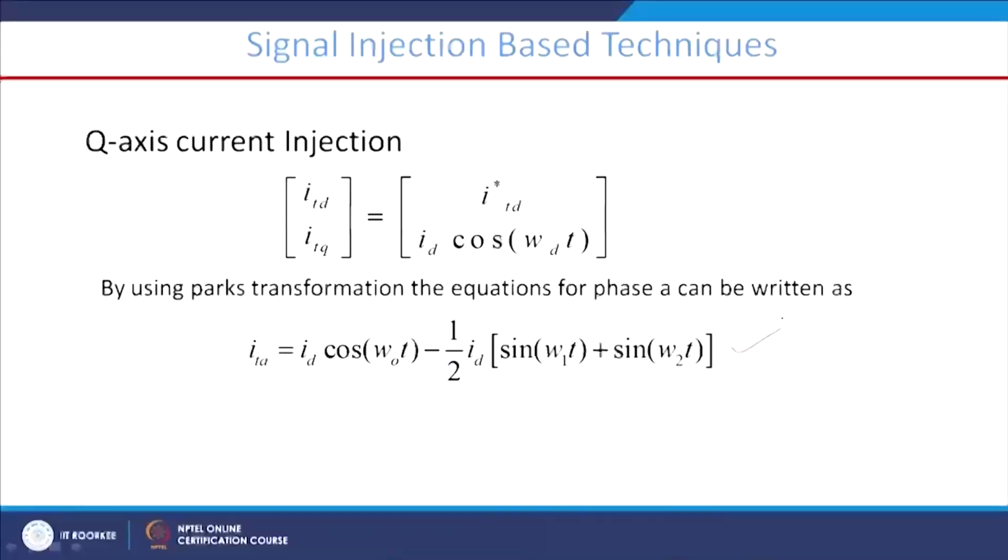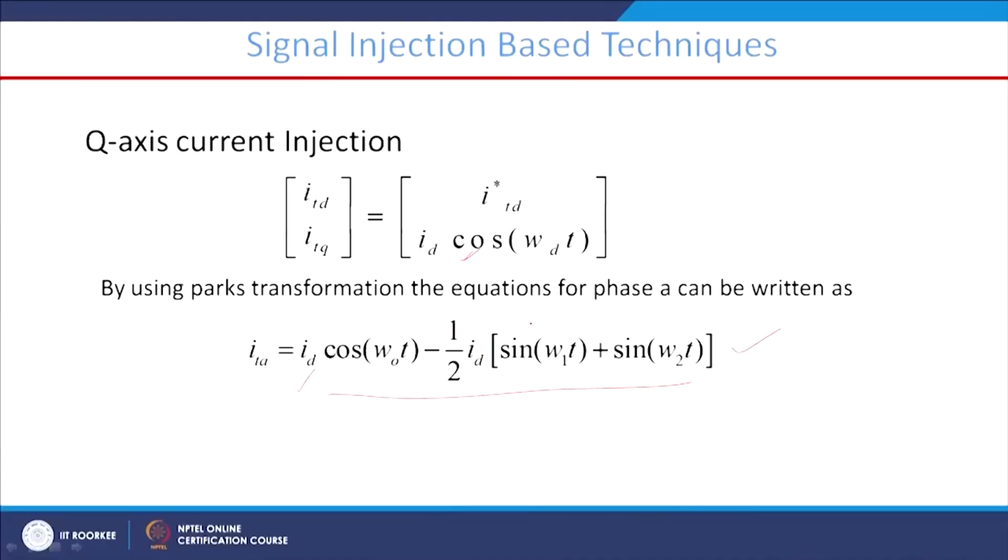If you see this q axis variation, they have injected the ID current, and the corresponding phase A current we have discussed previously for the ID injection current. Similarly, here the difference is minus in place of plus, and you will get the sine component, which comes due to the transformation matrix between the DQ frame and the ABC frame, that is all.